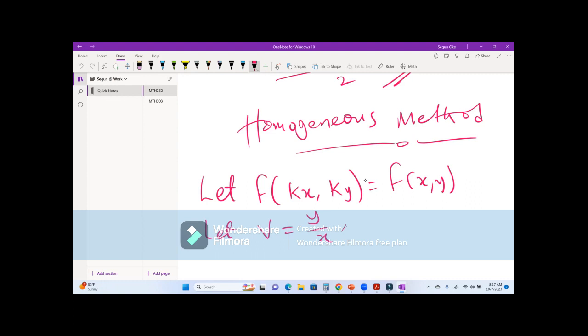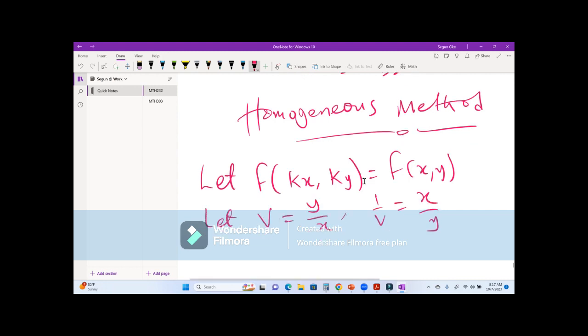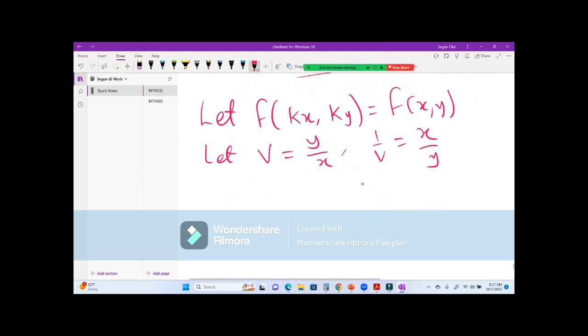Look at it, this is what we are saying. Don't forget we are saying 1 over v. I want to find the inverse of this v. What will happen to this? It will be x over y. Do you agree with me?